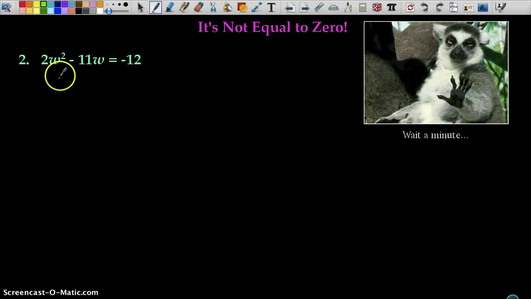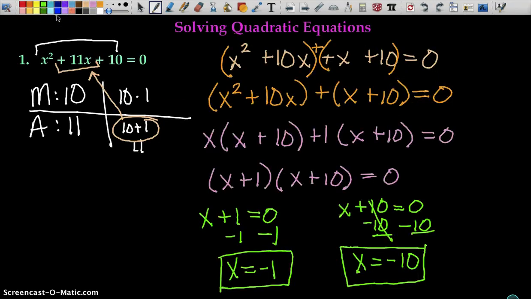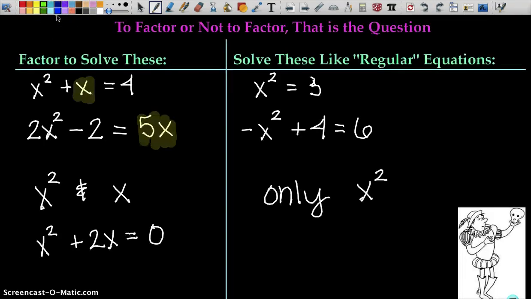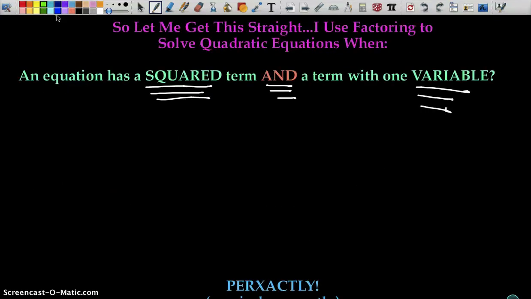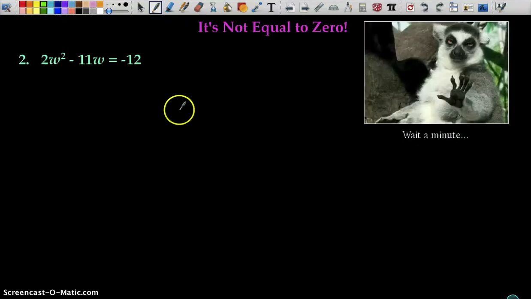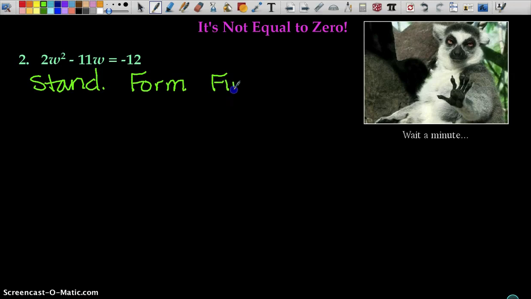But now with this example, you're thinking, wait a minute here. That's not equal to 0. And what have you noticed? Well, in this problem, it was equal to 0, and that's why we could solve these. Same with here. But what we also know is when we're factoring, it needs to be in standard form. So put it into standard form first.